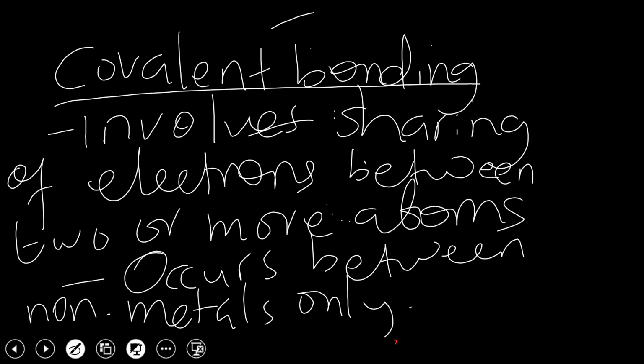They take the name of the bond. For example, you have ionic compounds and you have covalent compounds. Now, with chlorine, sometimes we call them molecules.